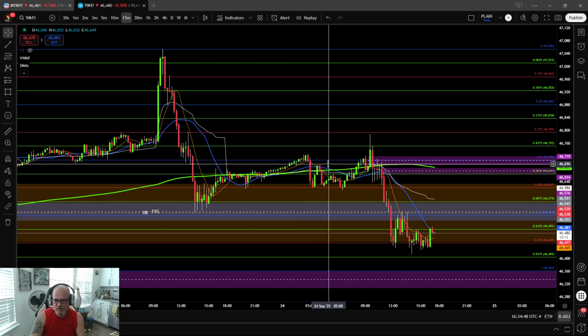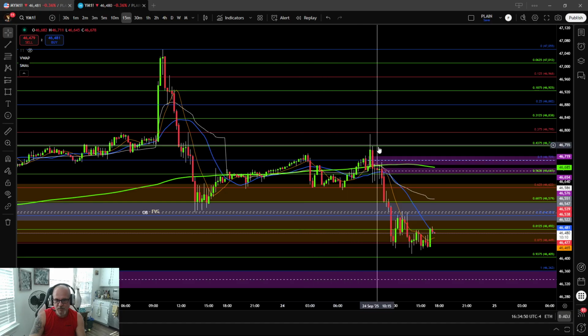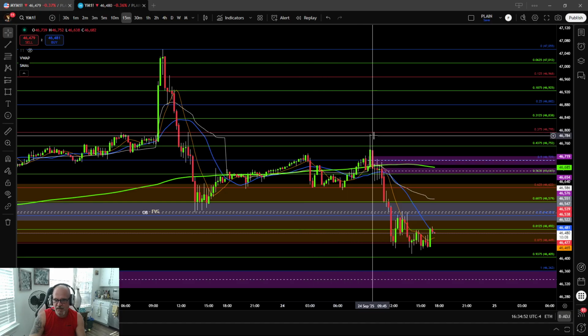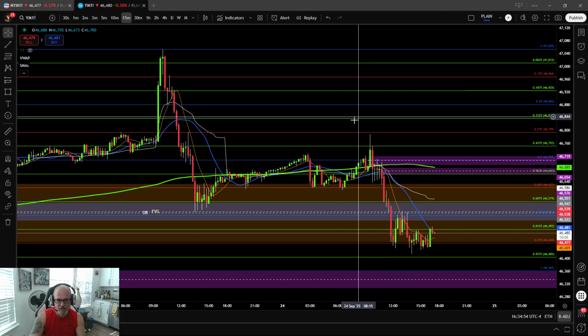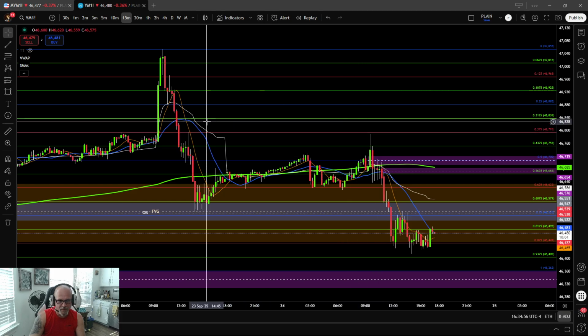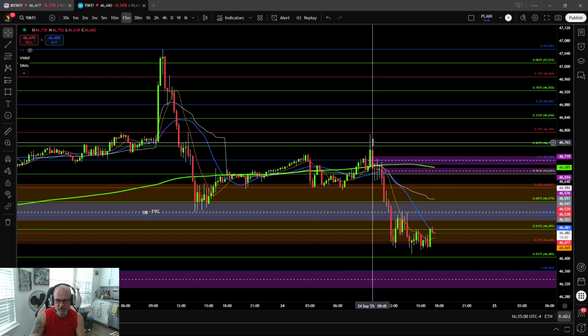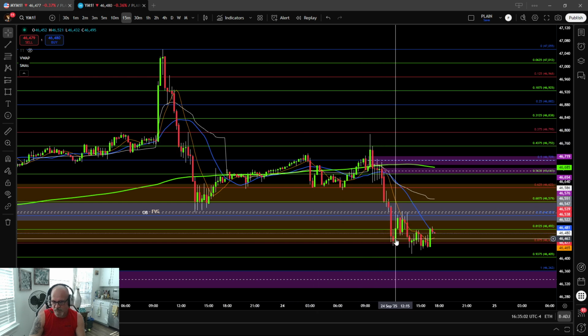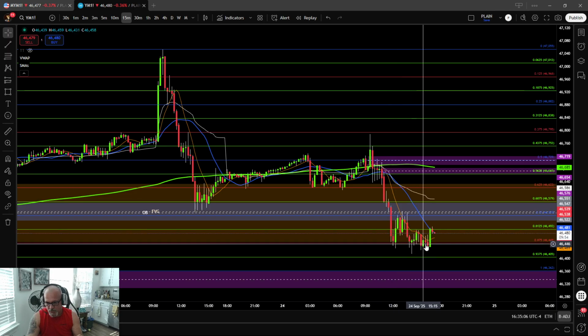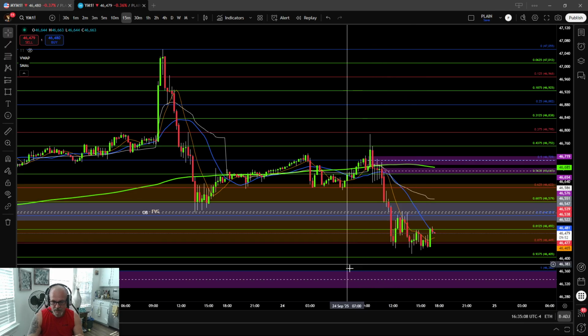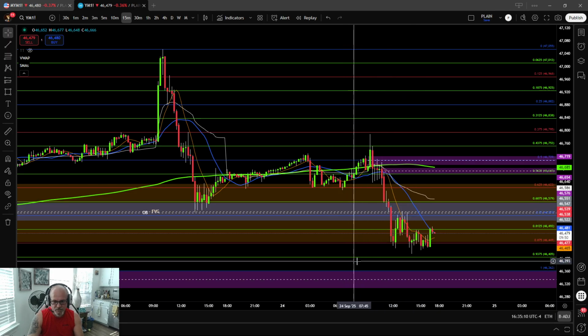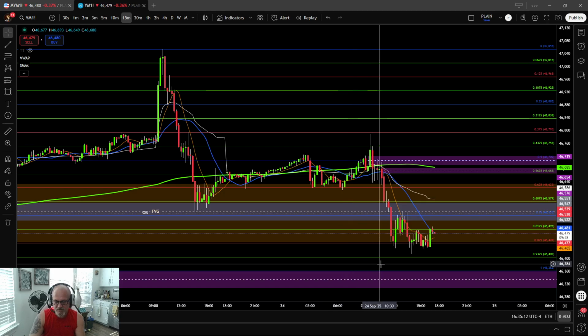Where do we come back to? When we get back into premium pricing, we just about get to the 50% of this quadrant again, where we got to here, and we make relative equal highs, and we fall off, and we fall all the way down to the middle of the bottom quadrant of the higher time frame DRT level.